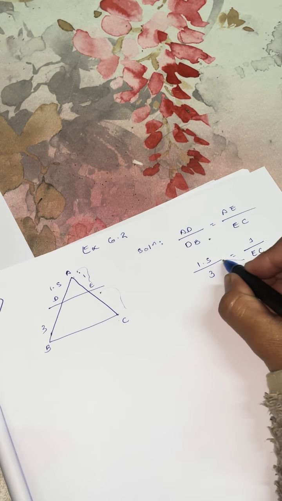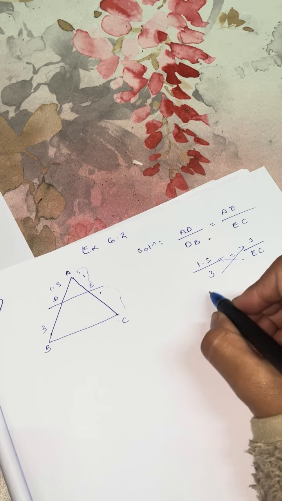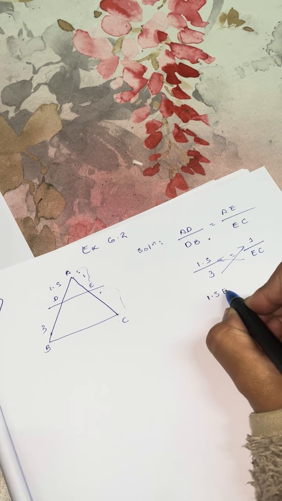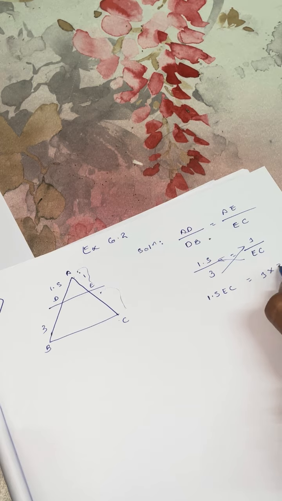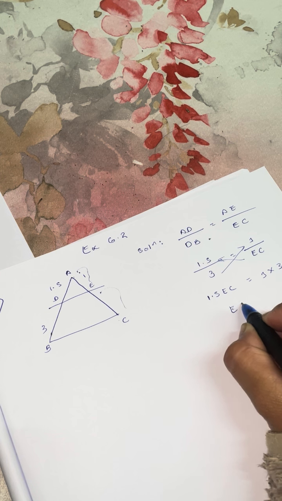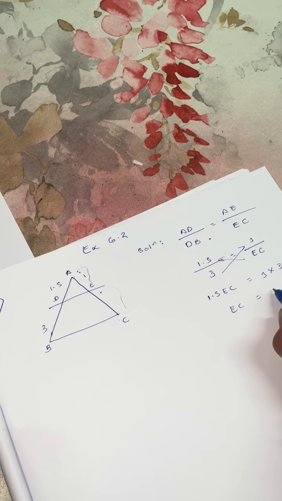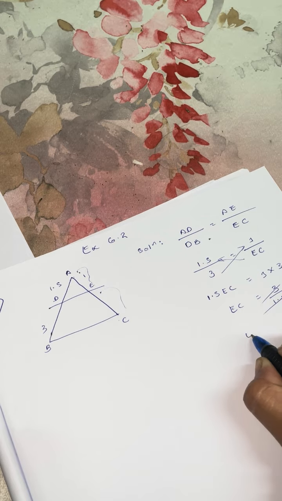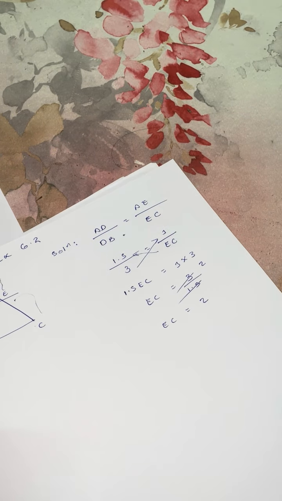Cross multiply: 1.5 EC equals 1 into 3. So EC equals 3 divided by 1.5, that is EC equals 2.